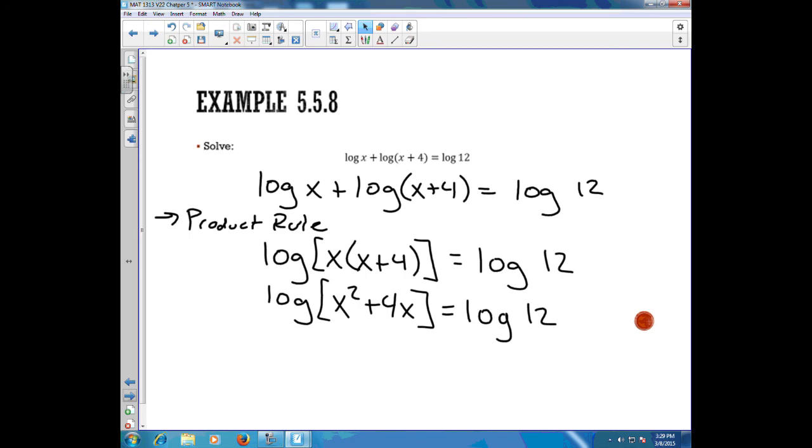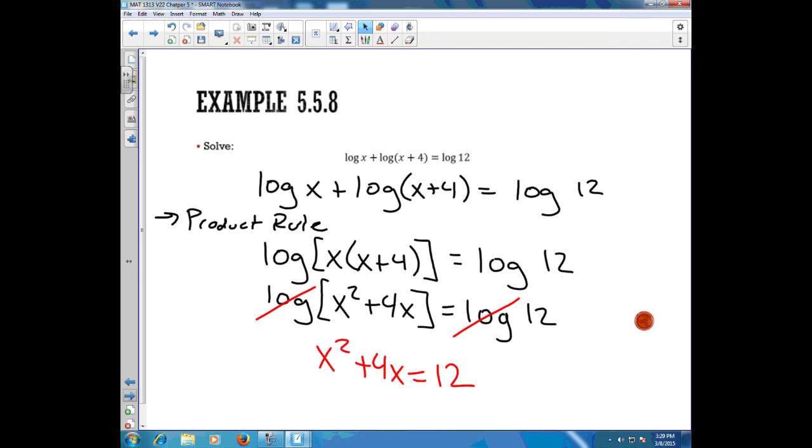So what this means is if we got logs on both sides, the only way for them to be equal to each other is if we essentially drop the logs and say x squared plus 4x is equal to 12. Notice this is the only time where the base doesn't matter. In every other type of log equation, the base matters. In this case, it does not.